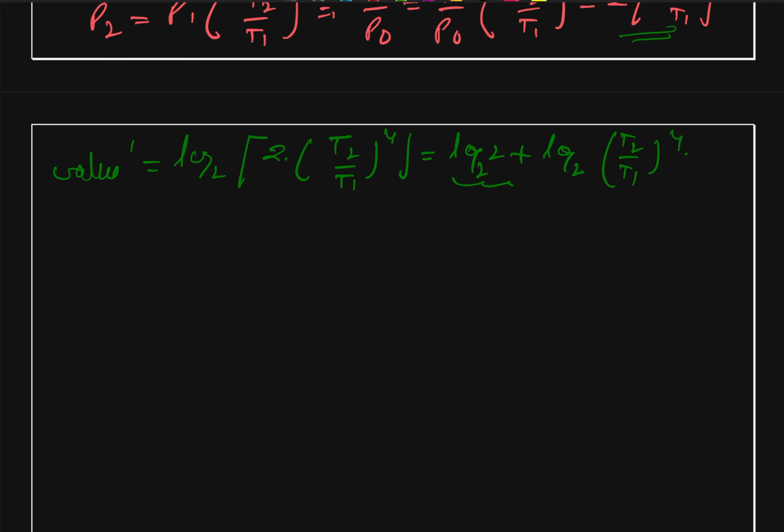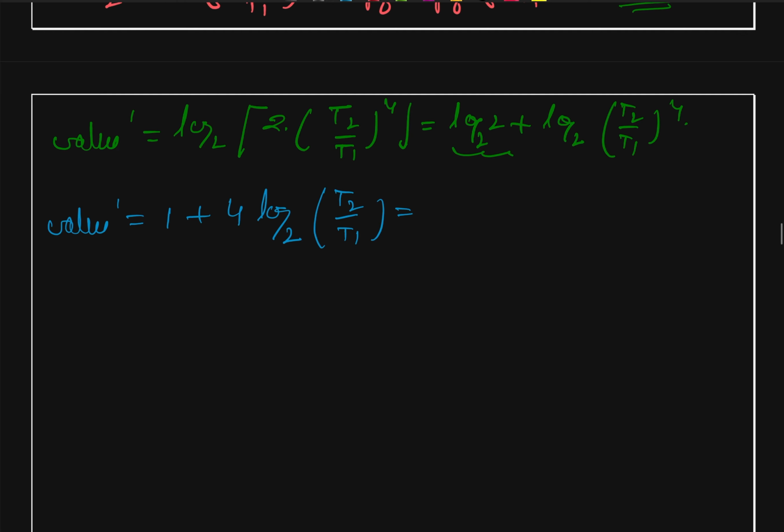So we can say our value prime will be equal to 1 plus 4 log to the base 2 of T2 upon T1. We substitute T2 upon T1 because both temperatures we already know.